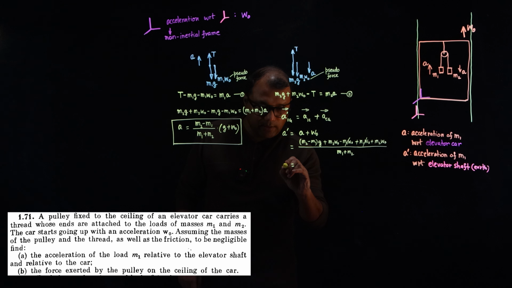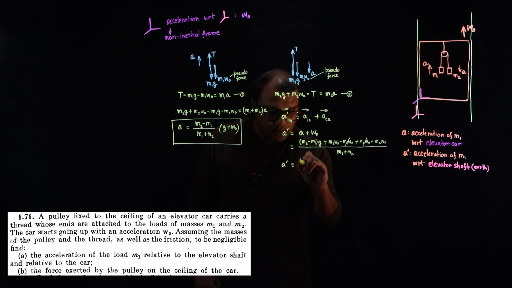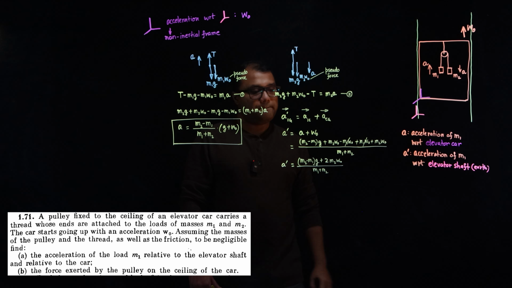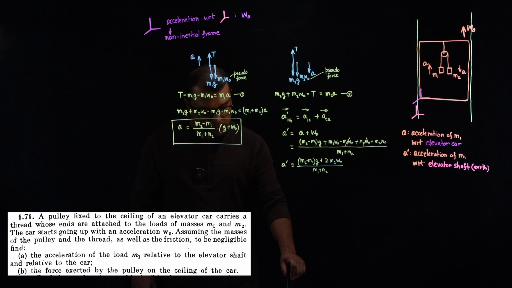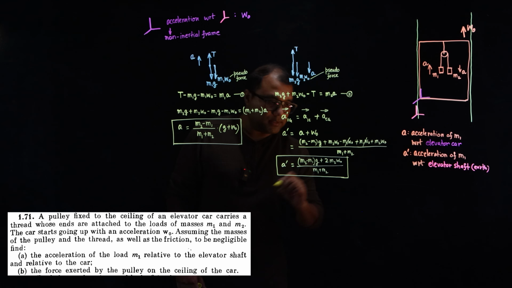So A dashed is (m2 minus m1) g plus 2 m2 w0 divided by (m1 plus m2). Okay. So we got this result.